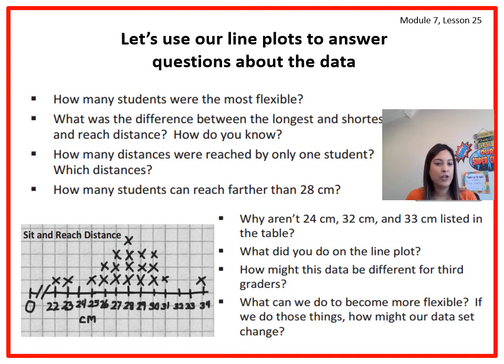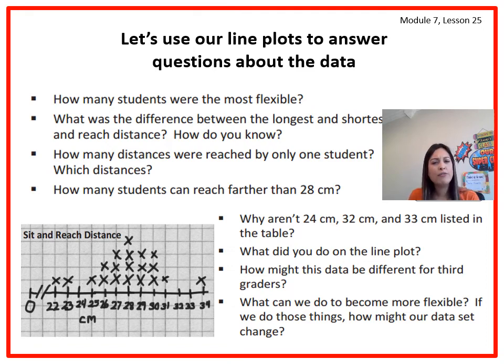How many reached 31? 1. So 6 plus 1 is 7. None on 32. None on 33. How many reached 34? 1. So 7 plus 1 is 8. So how many students reached farther than 28 centimeters? 8 students. Very good.